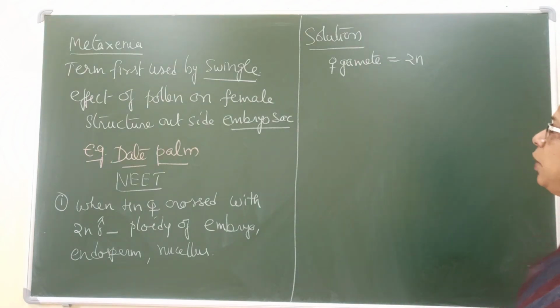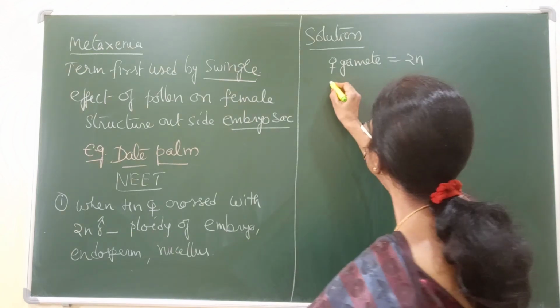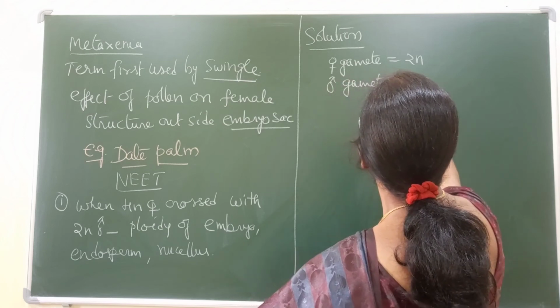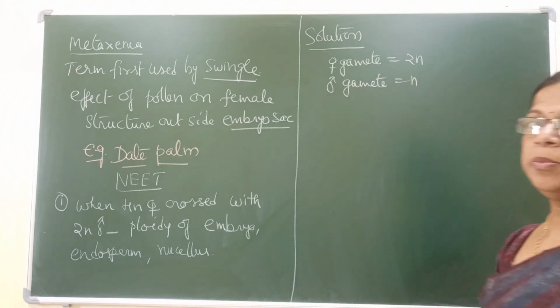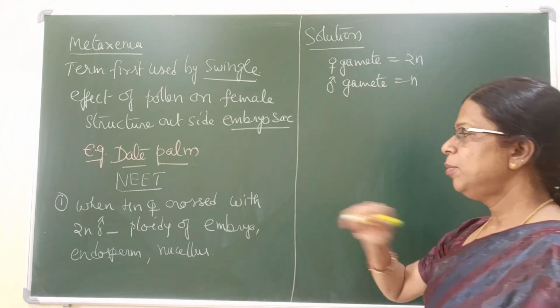So the gamete will be 2n. The male plant is 2n only, so the male gamete will be equal to n. Now we have the male and female gametes, so we can easily find the ploidy.